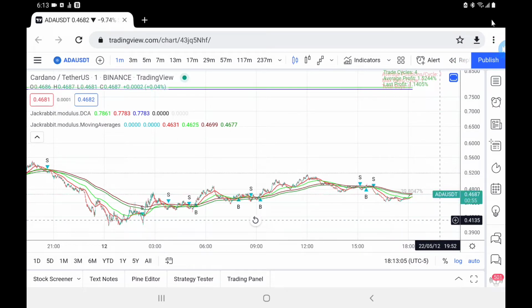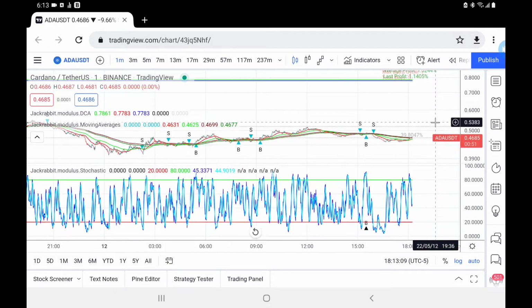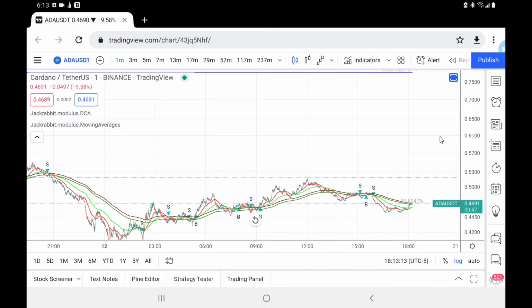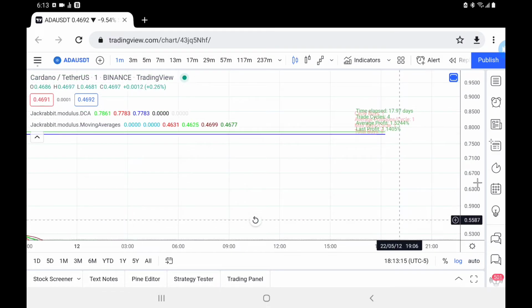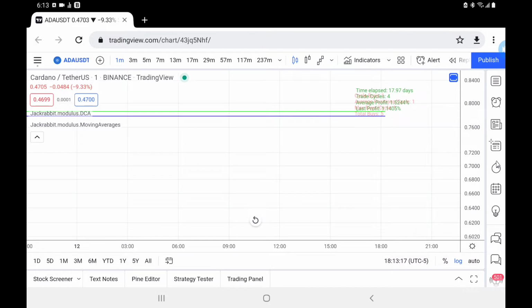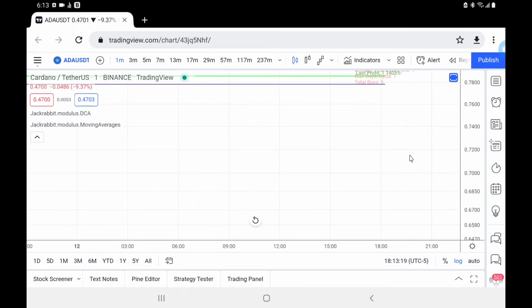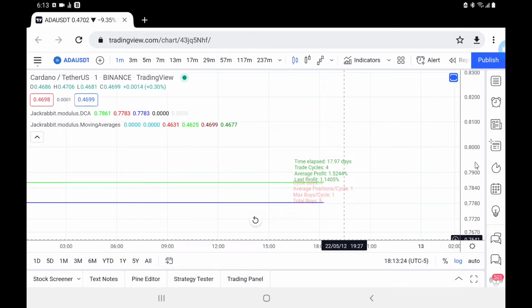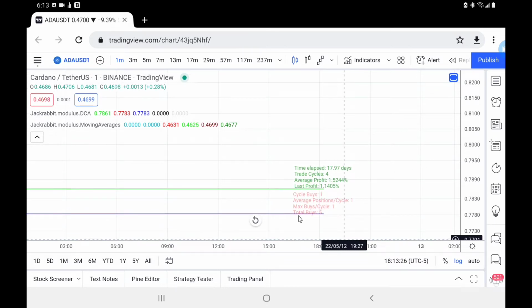Okay, let's dive right in and check out the chart. Let's start with strictly the DCA module and demonstrate the actual results.